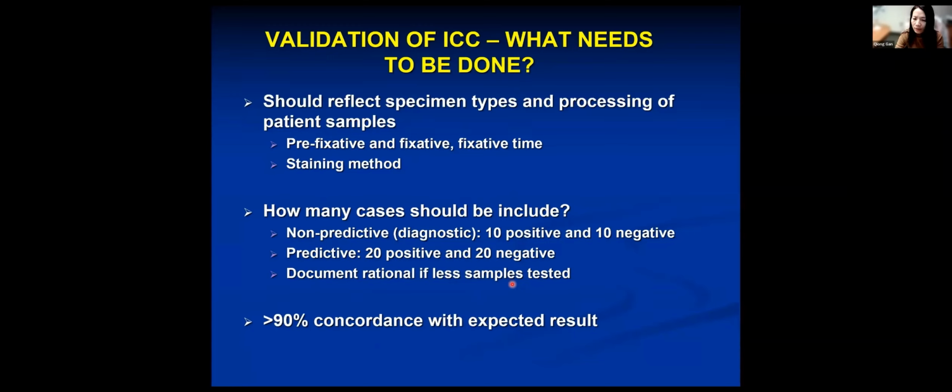So the validation should reflect the specimen types and processing of patient samples. For non-predictive markers, 10 positive and 10 negative cases will be needed for the ICC validation. However, for predictive markers like ER, PR, HER2, etc., 20 positive and 20 negative cases will be required for each category. The validation process aims for an expected concordance of more than 90%.